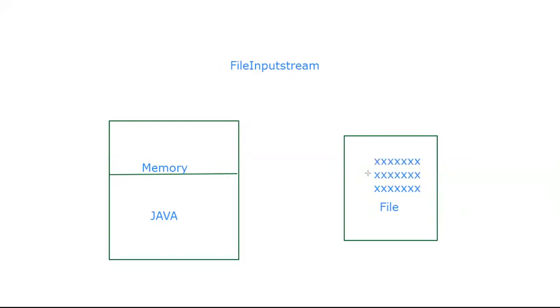These contents are copied into Java memory. FileInputStream copies the contents of a file in image format into Java memory. That is FileInputStream. What is FileOutputStream? Completely reverse. The contents present in the memory will be written into the specified location using FileOutputStream.